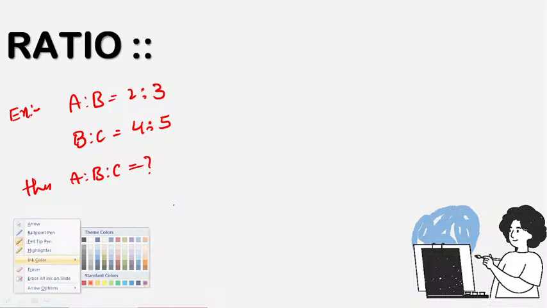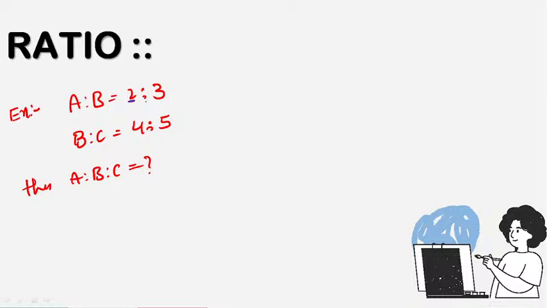Here A is how many parts? 2 parts. And B is how many parts? 3 parts. Again B is how many parts? 4 parts. C is how many parts? 5 parts. A and C are very clear, guys. A is 2 parts, C is 5 parts. But B is how many parts here? Here it is 3 parts, here it is 4 parts. So this is equation number 1 and this is equation number 2.